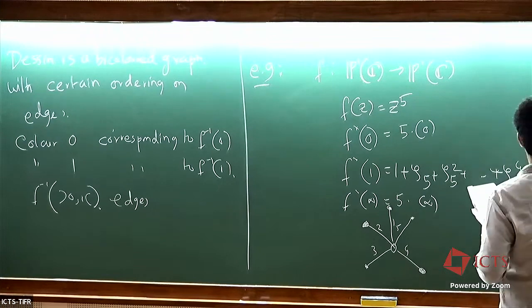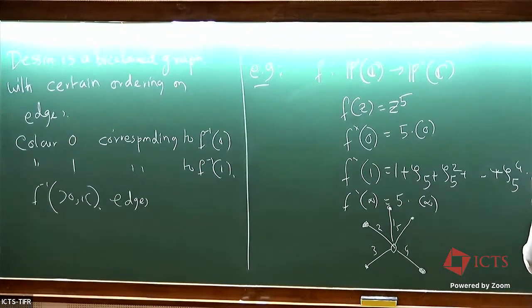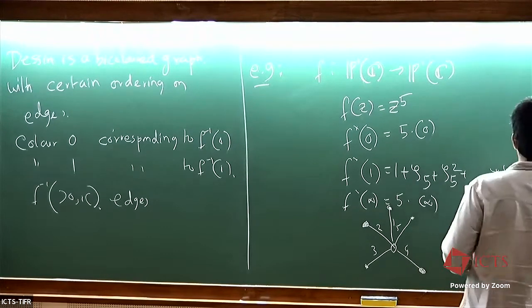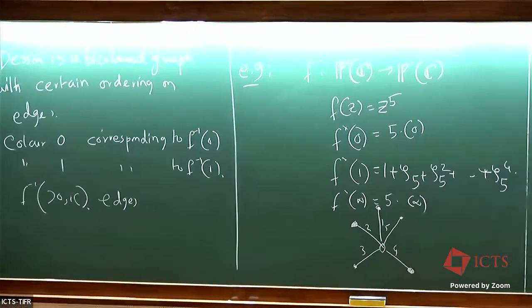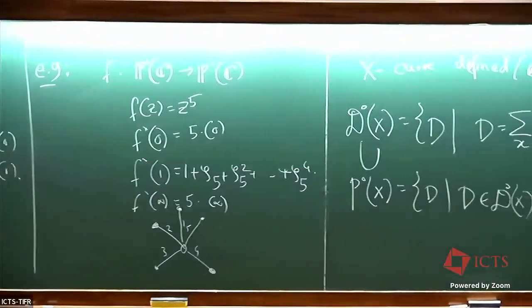So you have this D naught of X in X, and so inside this you have this P naught of X. So for this purview, I would like to start with any curve, okay? Any curve defined over Q bar.